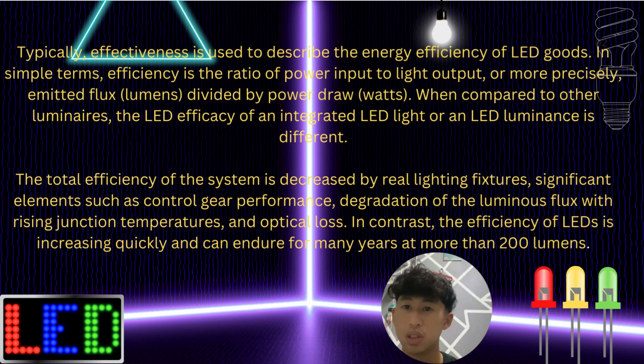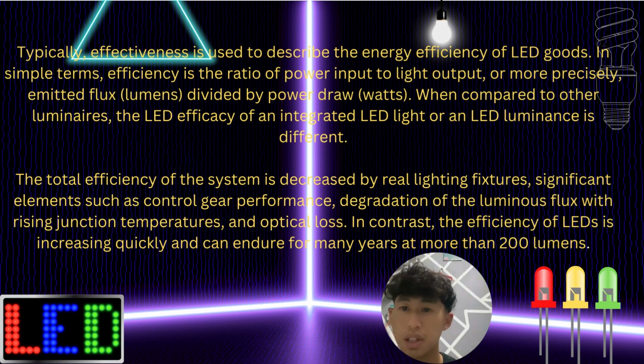When compared to other luminaires, the LED efficiency of an integrated LED light or an LED luminaire is different. The total efficiency of the system is decreased by the real lighting fixture.